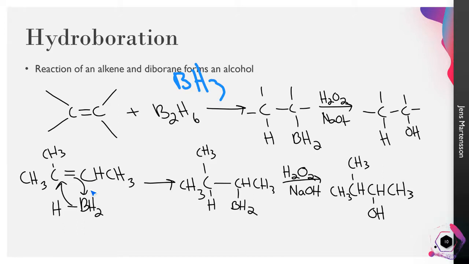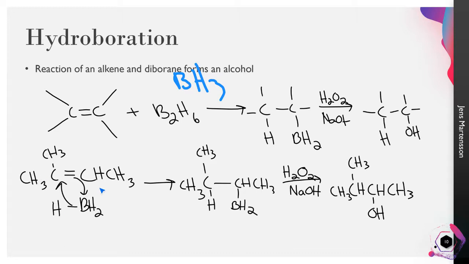So instead, the hydrogen will add to the most substituted carbon, the one with the least amount of hydrogens, which will avoid steric hindrance. These 2 groups here are a little bulky, so if I try to add this BH2 over here, there'd be more steric hindrance.